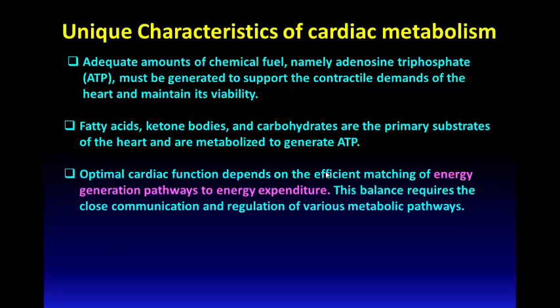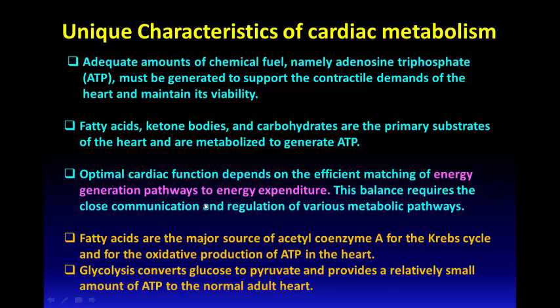Optimal cardiac function depends on the efficient matching of the energy generation pathways to the energy expenditure. This balance requires close communication and regulation of the various metabolic pathways within the myocytes.